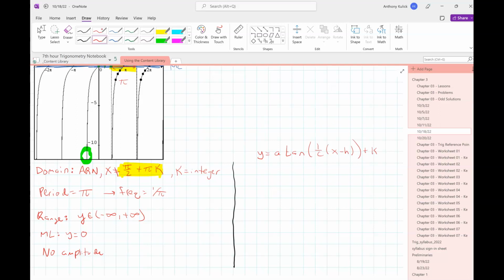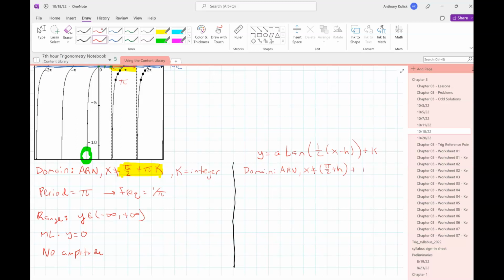It can change the location of our asymptotes, and it can change the distance between the asymptotes. So what coefficient is going to change the location of the asymptotes? That is our value for h. If we translate the graph horizontally, that'll move the asymptote to a new location.